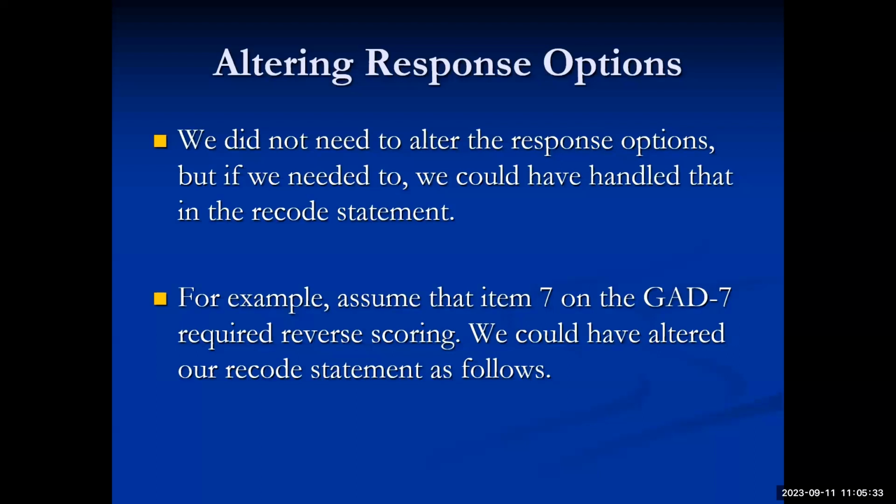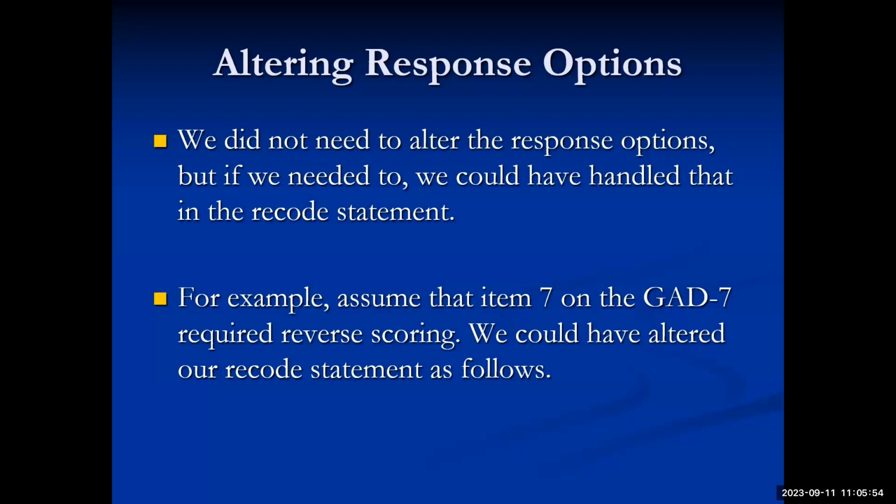Okay. Now, in this first example, we did not need to alter the response options, but if needed, we could have done that using the recode statement. And so I'm going to show you how to do that by making the assumption that the final GAD7 item required reverse scoring.